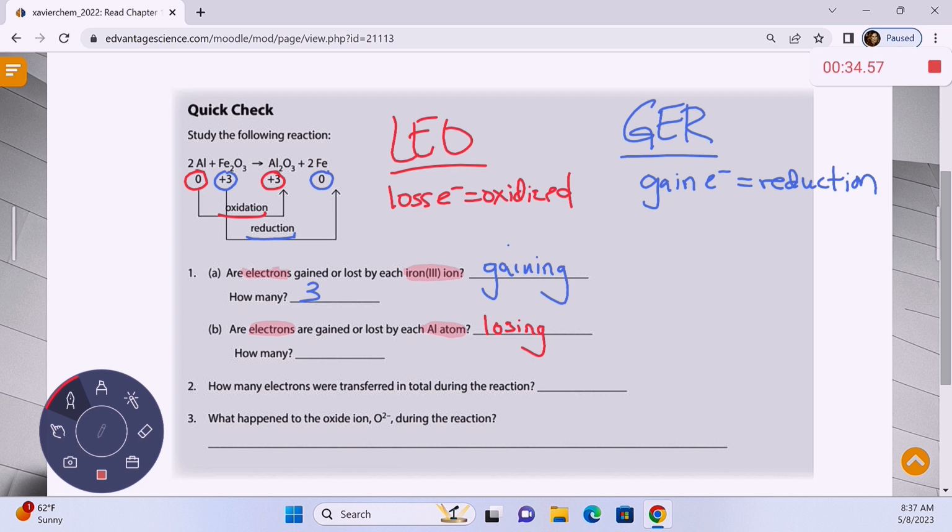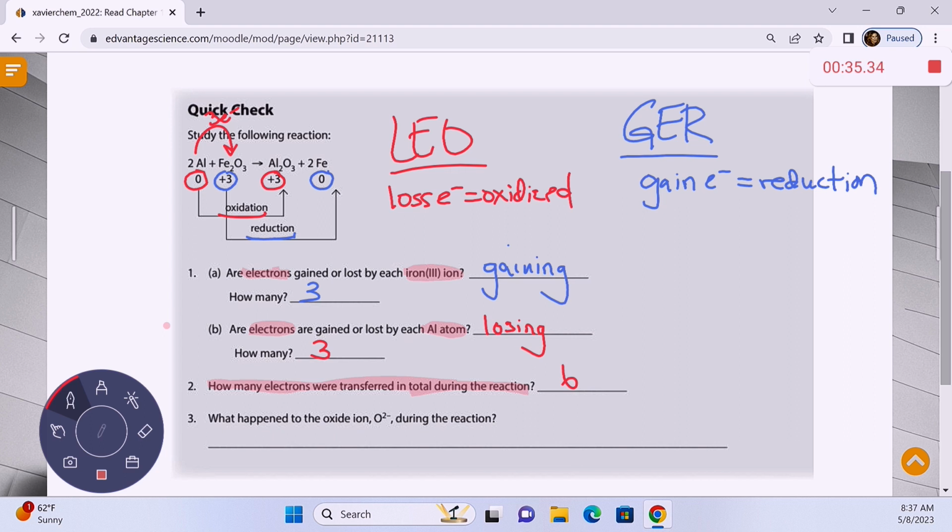How many electrons are being lost by each aluminum? 3. So each aluminum is transferring 3 electrons over to iron. How many electrons are transferred total? Look at the coefficients. Yeah, 6. Because you've got 2 aluminum atoms, and each aluminum atom is transferring 3.